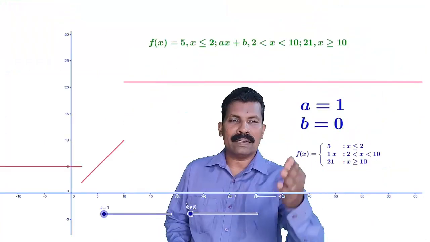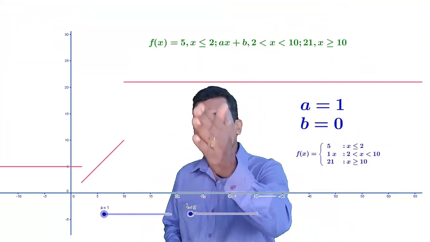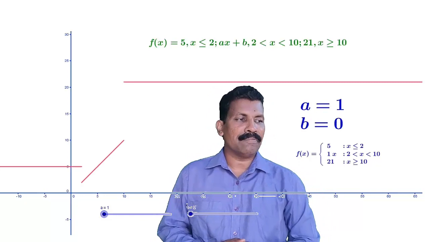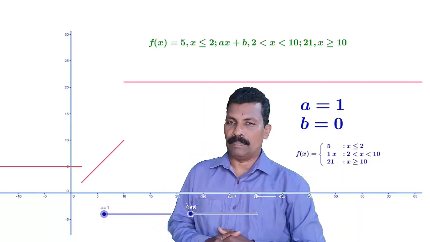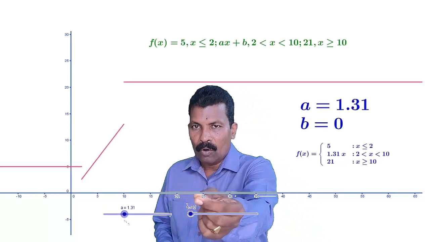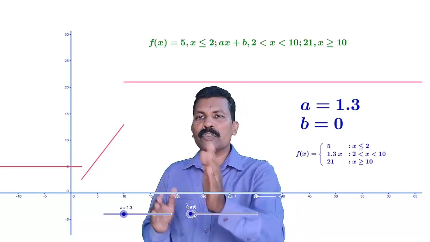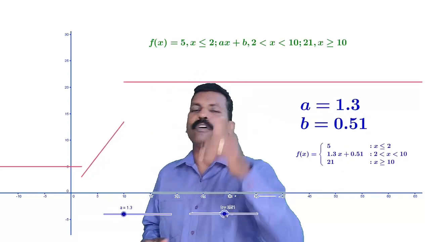Let us consider the graph of the given function. Now there are two breaks on the graph, therefore it is not continuous at present. But by adjusting the a value like this, or by adjusting the b value, we can change the position of these portions of the graph.